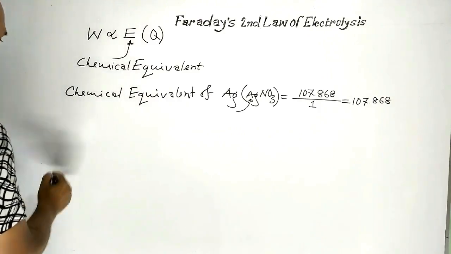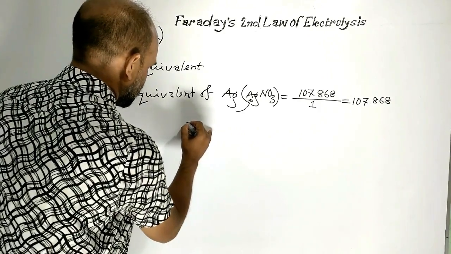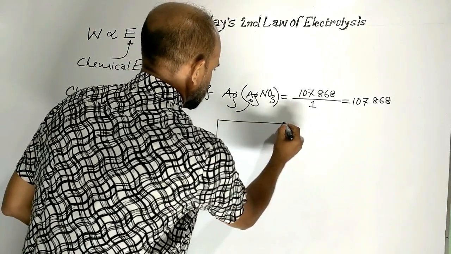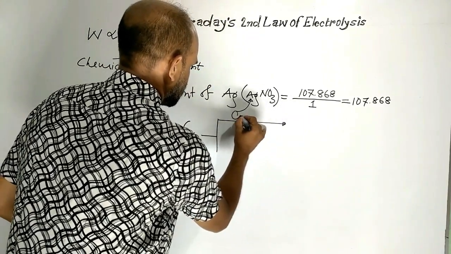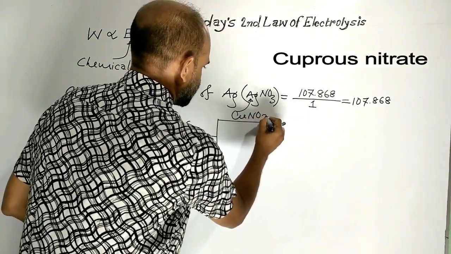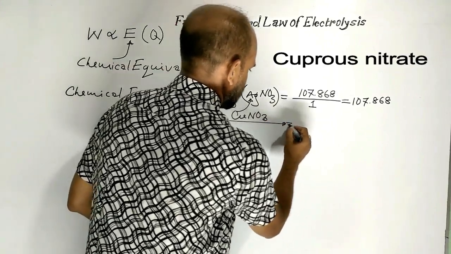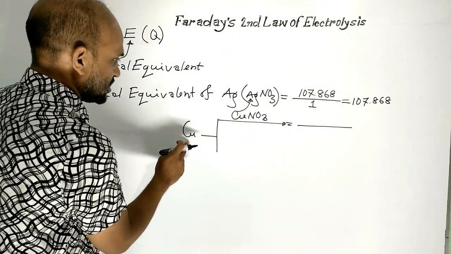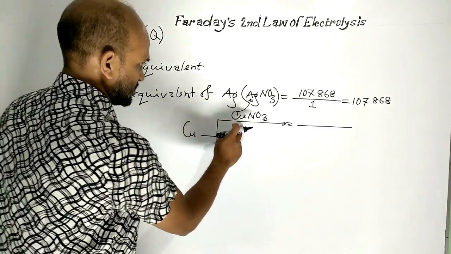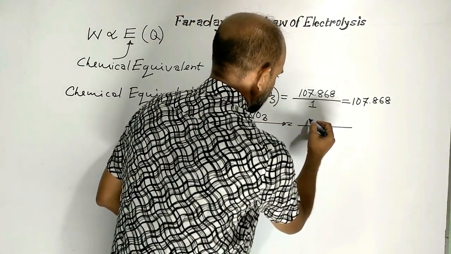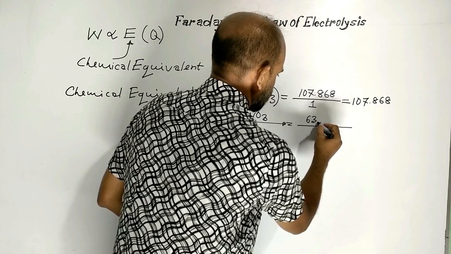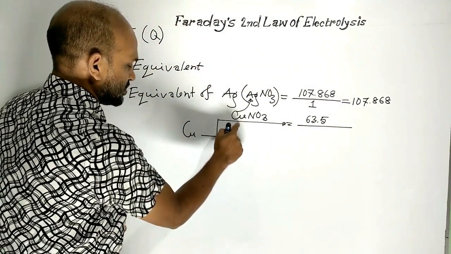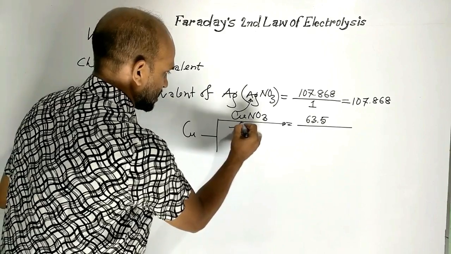Similarly, chemical equivalent of copper, suppose in cuprous nitrate. Atomic mass of copper is 63.5 and here valency of copper is 1.